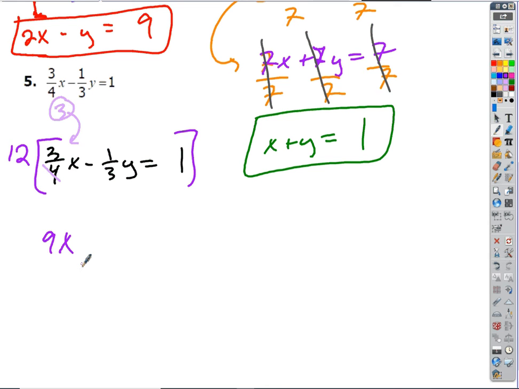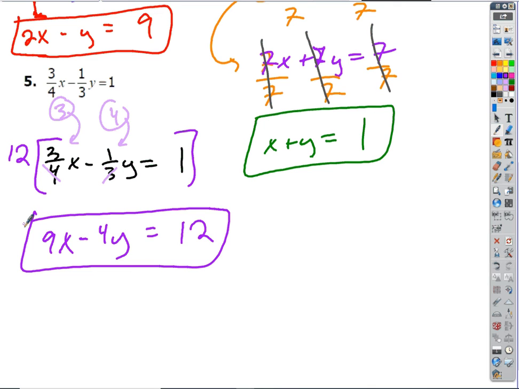Good, right? 12 over 3 reduces to 4, which I'm going to multiply by the top and get minus 4y. And then over here, 12 times 1 is just 12, right? We're good. Done.